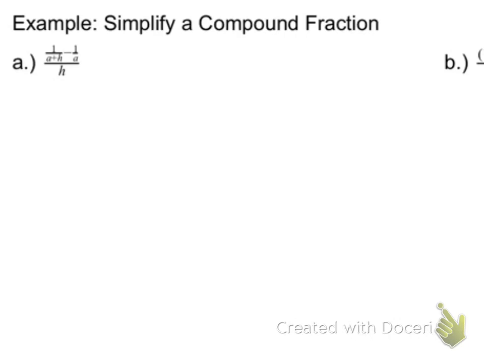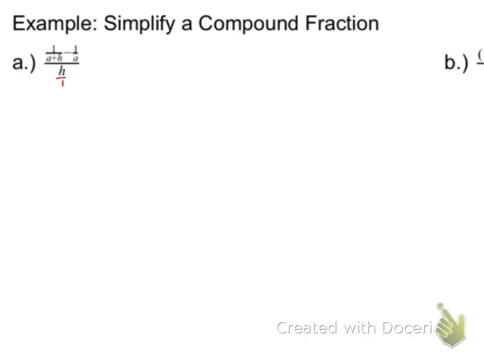I don't know if you guys can see that, but it looks like I got 1 over a plus h, 1 over a, h over 1, and then the larger fraction bar, which is 4. We want to get to 1 fraction. So, step number 1 says factor all your denominators. Are they factored by chance? I think so. I think I can put a 1 over here, so I know that there is a denominator there.